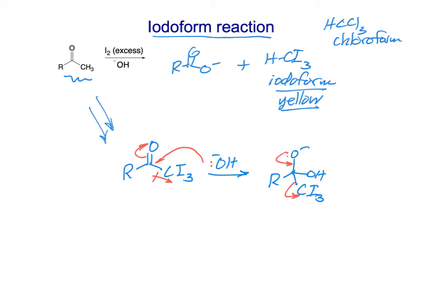Now, this is not a great leaving group, but it does lead to the formation of some of the carboxylic acid and this CI3 minus species. All right, so this is our leaving group.